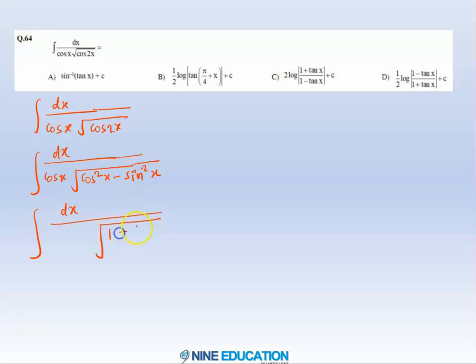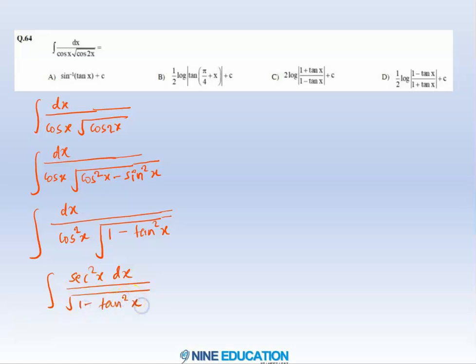So this will become 1 and this will become minus tan square x. Since we have divided by cos square inside the square root, I should have written cos square x in place of cos x, correct? So this becomes cos square x root of 1 minus tan square x. This in turn becomes secant square x dx divided by root over 1 minus tan square x.